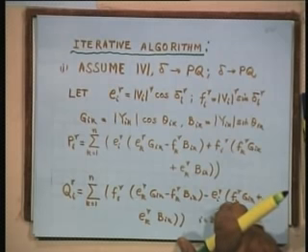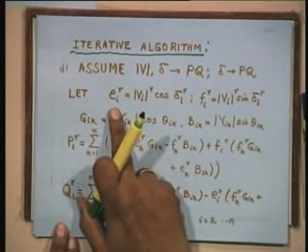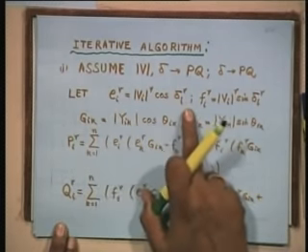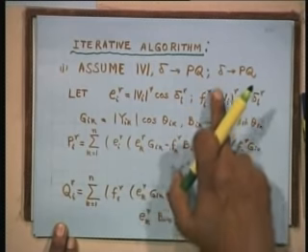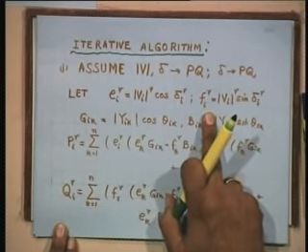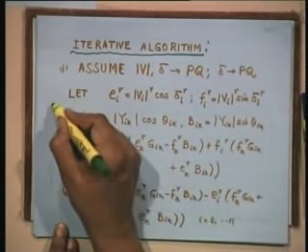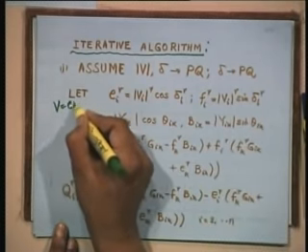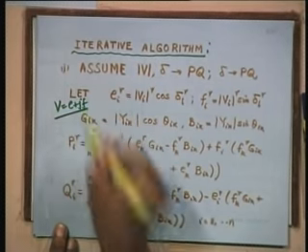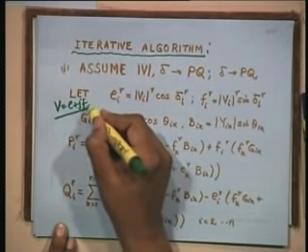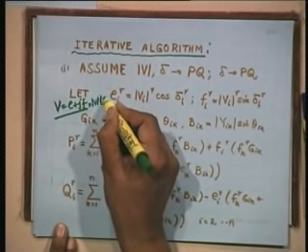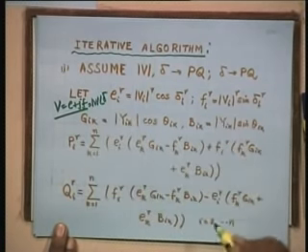How do you do that? Let Ei, the real value of the voltage, be Vi cosine delta i, and Fi, the imaginary part of the voltage, is Vi sine delta i. That means I am assuming V is equal to E plus jF, and V is V angle delta, and that is how I am writing this.